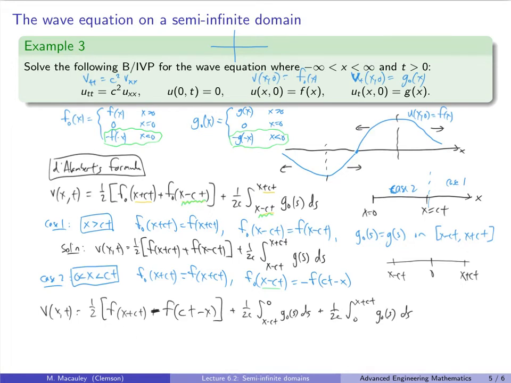Okay, so let's suppose that we are integrating a function. So we have a function g of s, and suppose we're going to integrate it from a to 0. So here's a picture of that.